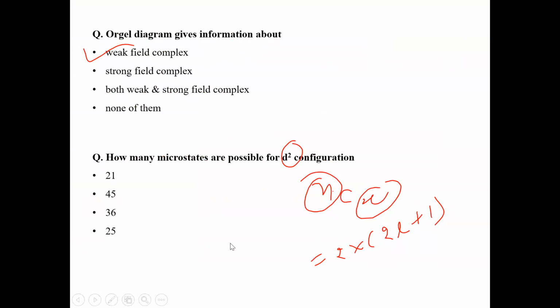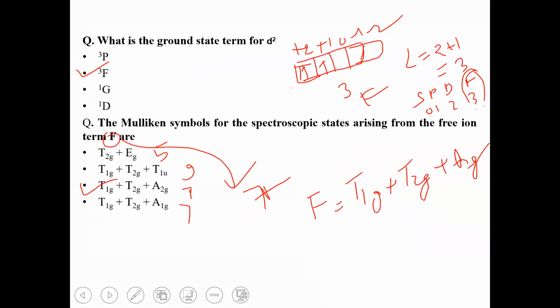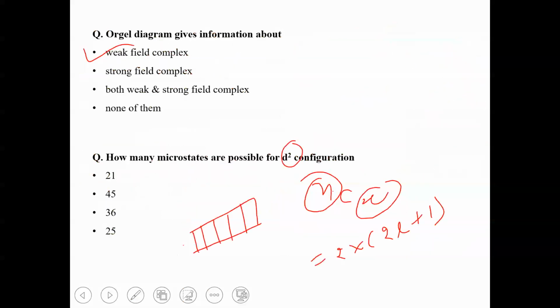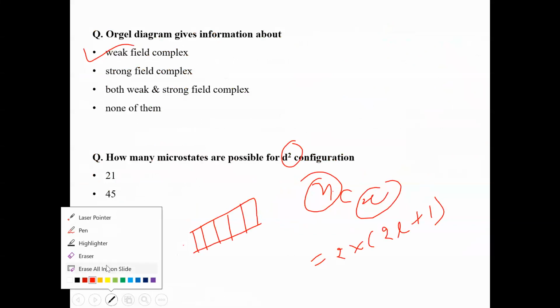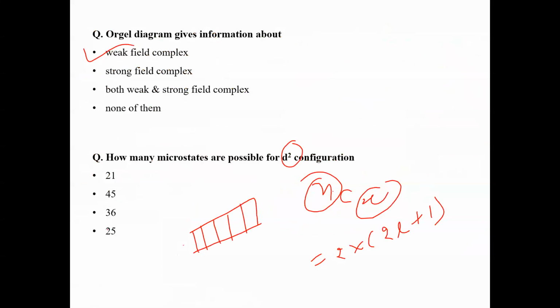Okay, so you can calculate the value of n in two ways. You have a d orbital, so how many electrons can be filled up maximum? Maximum 10 electrons, right?